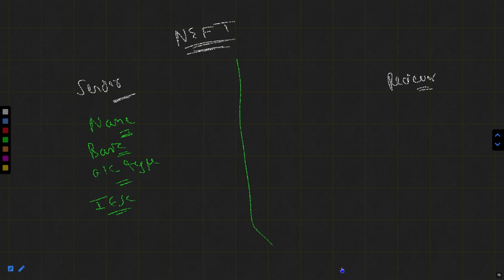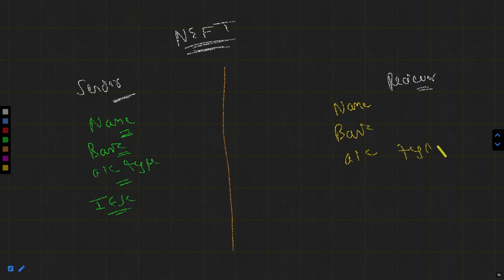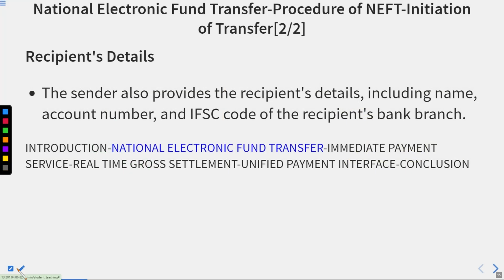On the other side, you fill in the same details: the name, the bank, the account type, and the IFSC code. So these are the basic details required for the initiation of the NEFT transfer process.